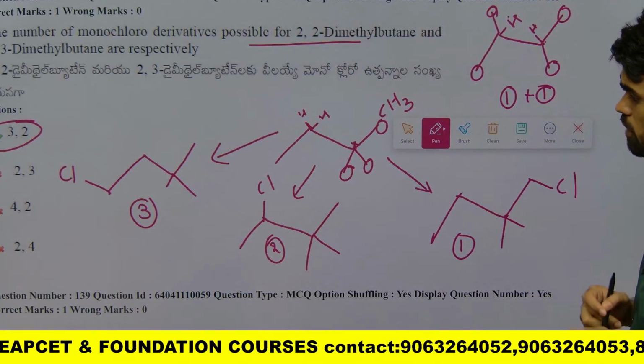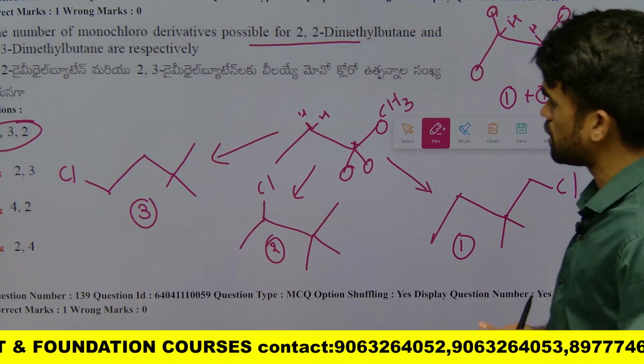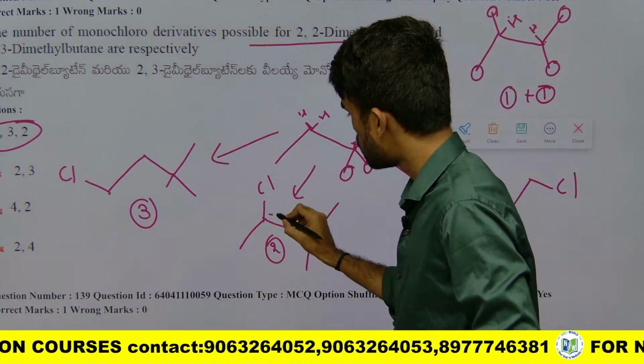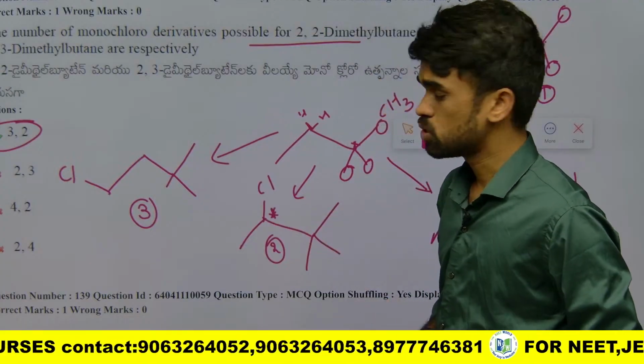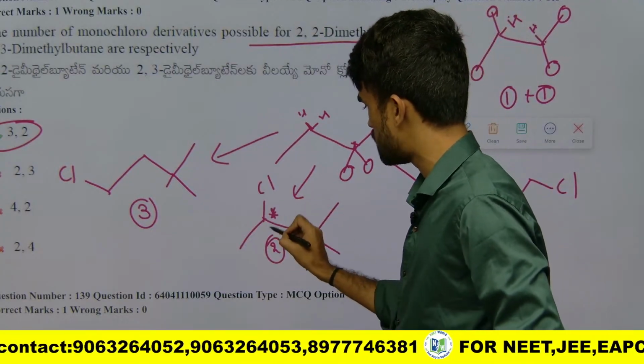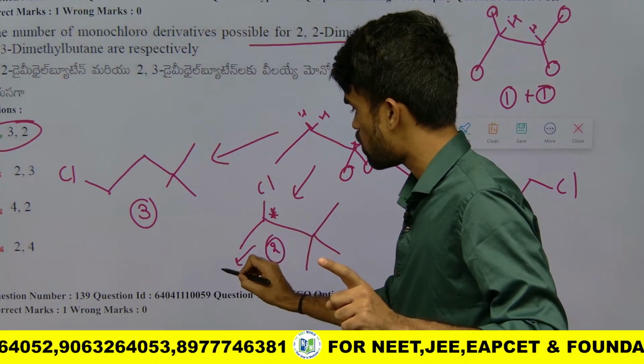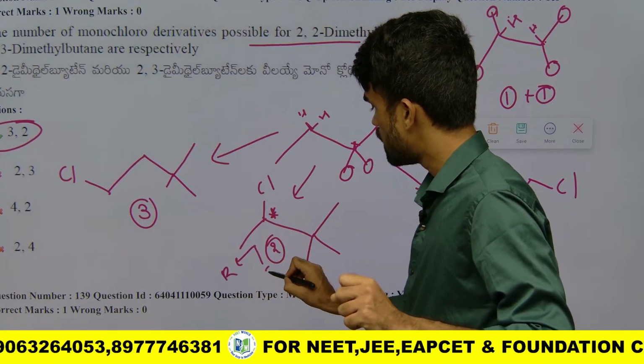Now, if they ask from the stereochemistry point of view, you have a chiral center here. This compound has one chiral center, so it can have R configuration and S configuration.